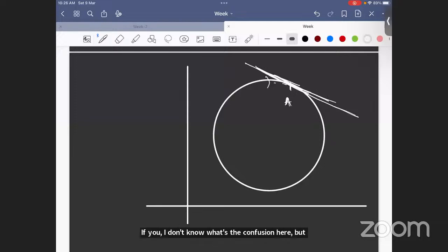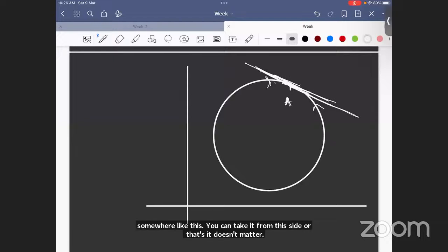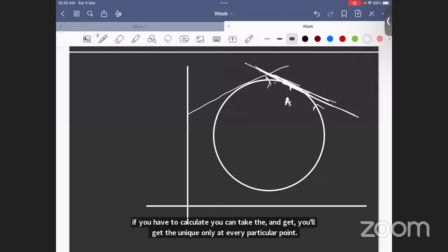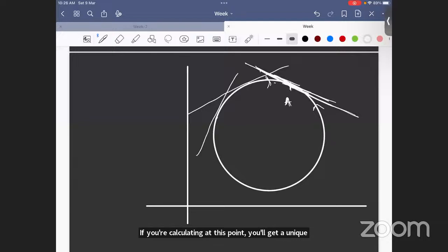At this particular point, if you think about how the circle is moving, it will be somewhat like this. You can take it from this side or that side, it doesn't matter. You'll get the same tangent, right? And if you have to calculate the slope, you can take tan theta and you'll get a unique value at every particular point. At this point you'll get a unique slope, and at this other point also you'll get a unique slope, right? And if you draw n number of tangents, you will get the curve itself.